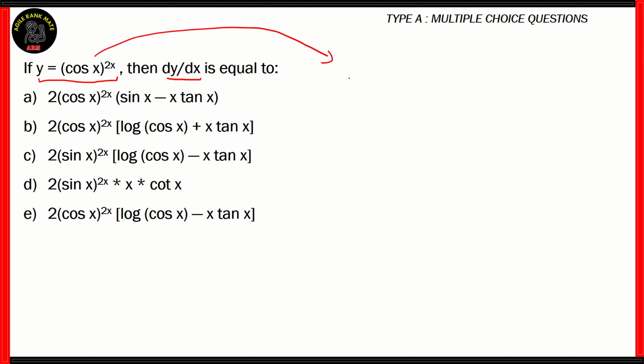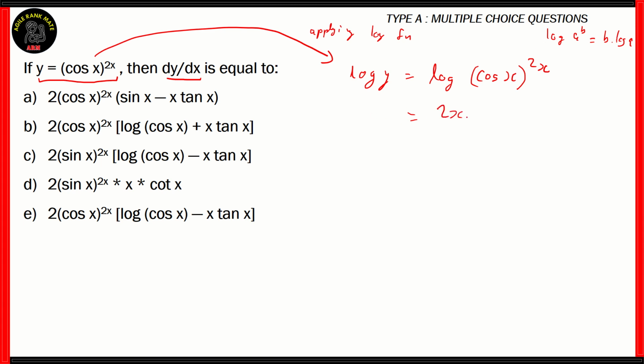So if y equals cos x raised to 2x, then by applying the log function, you'll get log of y equal to log of cos x raised to 2x. Now, log of a raised to b is the same thing as b times log a. This is why we use log in the first place, so that the function now becomes 2x times log of cos x.